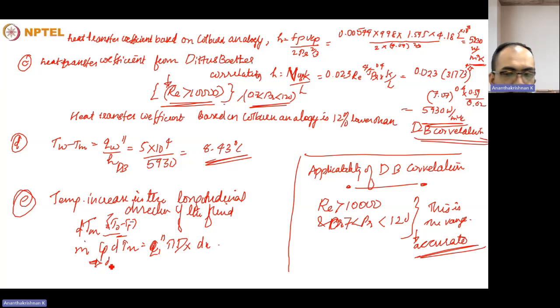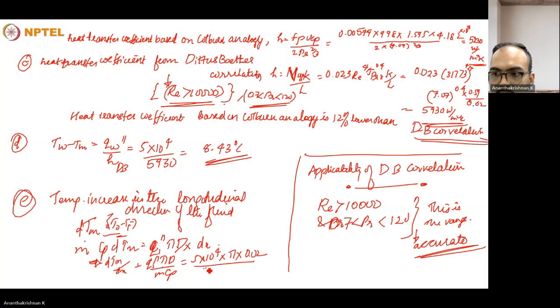So dT_m by dx is equal to q wall into pi into d divided by m dot Cp, that is 5 into 10 power 4 into pi into diameter 0.02 divided by 0.5 into 4186. So that will be dT_m by dx. This is equal to 1.5.